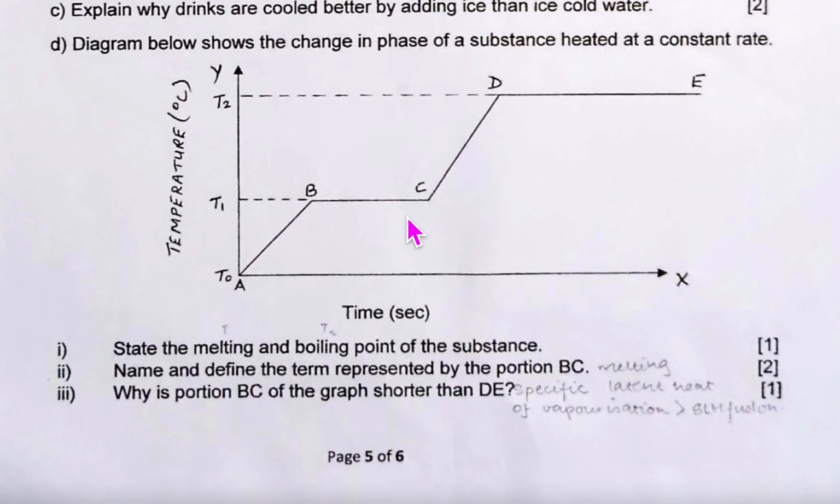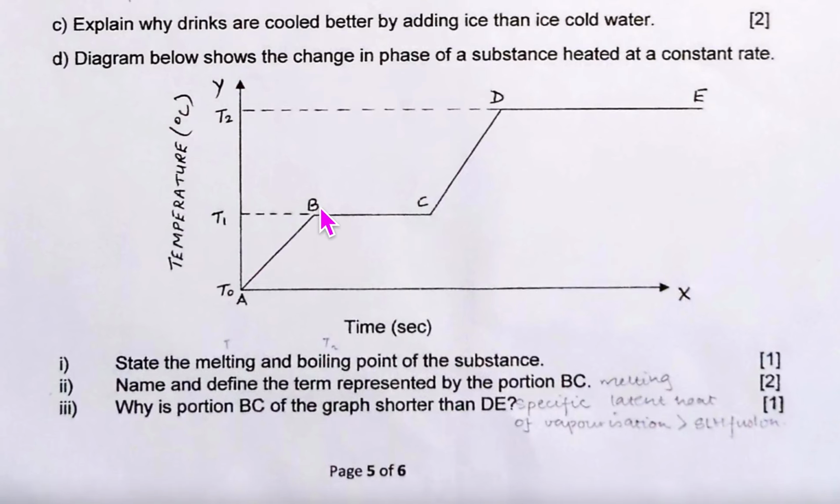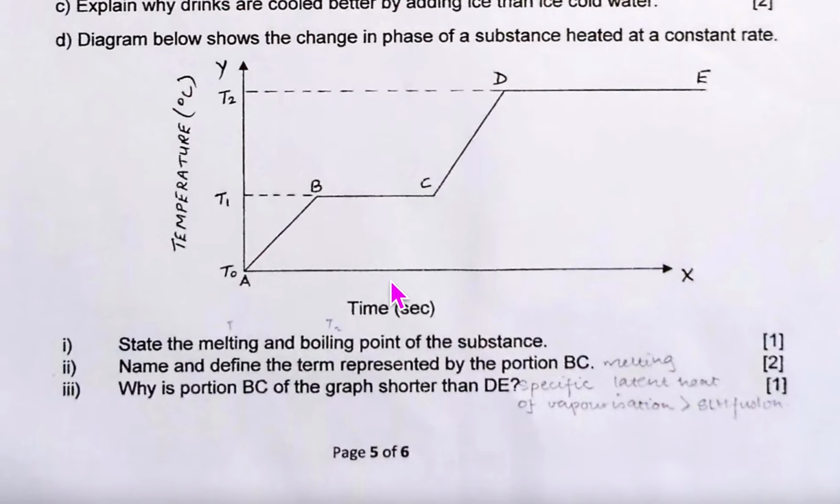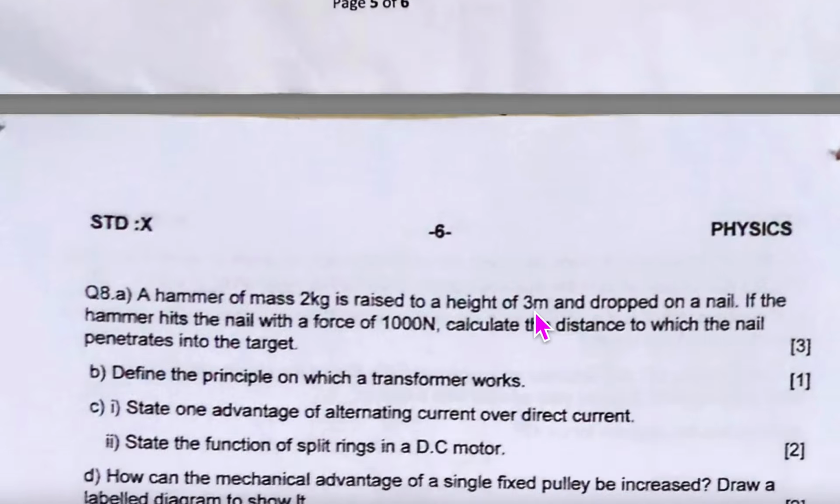This is specific latent heat of, but the thing is that if this is energy, then this becomes latent heat. If it is time, it's not because of that. So you could actually say that the heat taken for melting means latent heat, not specific, but latent heat of fusion is only to loosen the bonds. So it is much lesser than the heat required for what? Breaking of the bond, means the latent heat of vaporization. Okay.